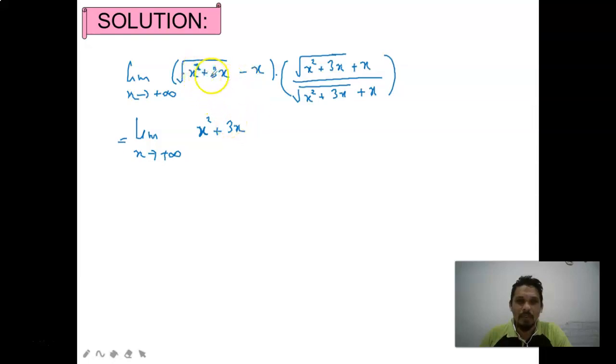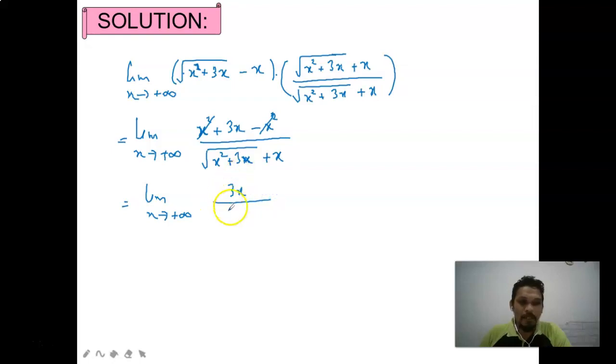So you come out with x squared plus 3x minus x squared, divided by the square root of x squared plus 3x, then plus x. So x squared minus x squared, then comes out 3x divided by the square root of x squared plus 3x plus x.